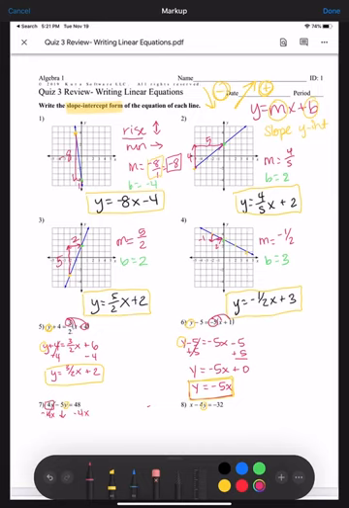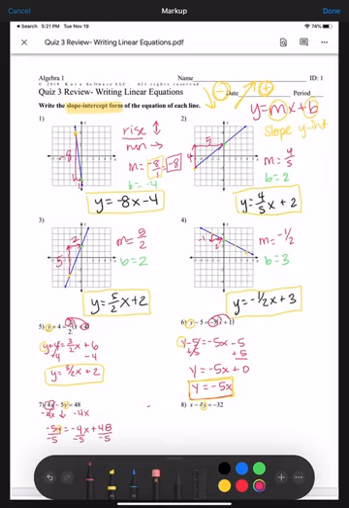I'm going to move this down, so I get negative 5y. Now, because I want this to end up in the form y equals mx plus b, I'm going to write the x term first. And then that's a positive 48, so plus 48. Now y is almost by itself. It's just negative 5 times y, so to get rid of that negative 5, I'm going to divide everything by negative 5.